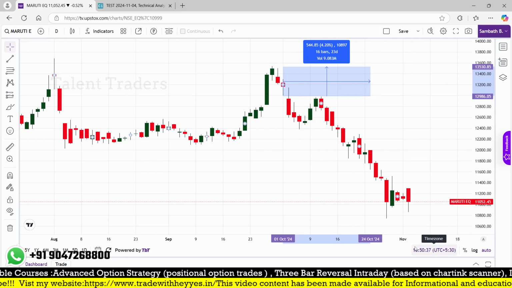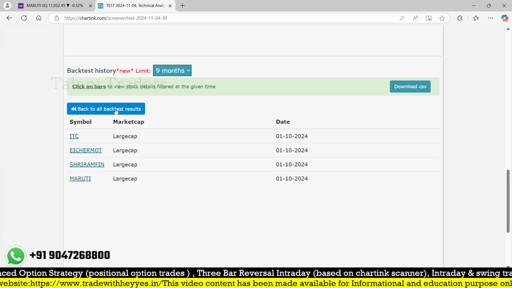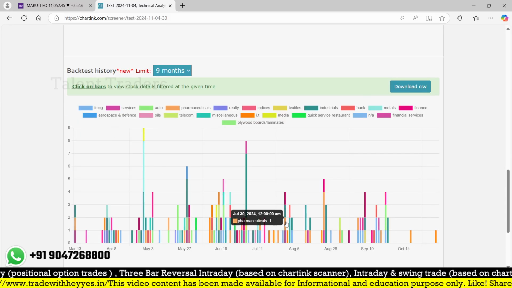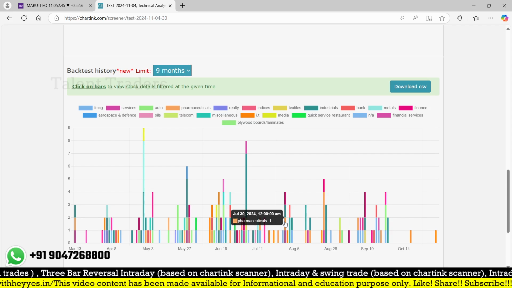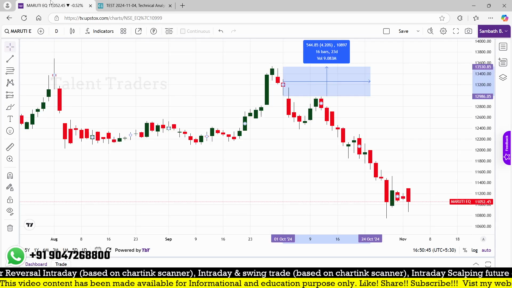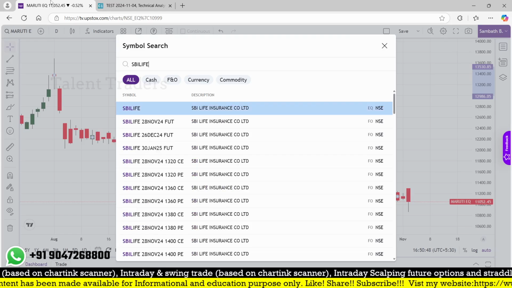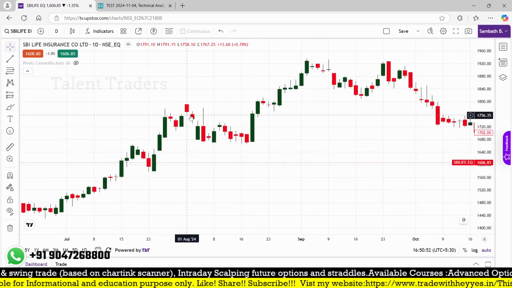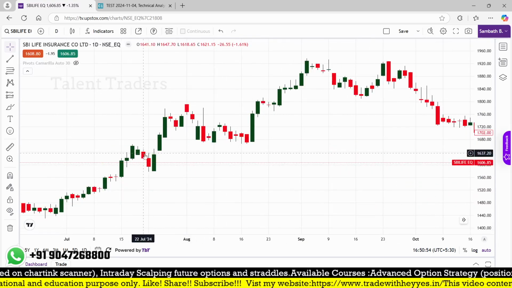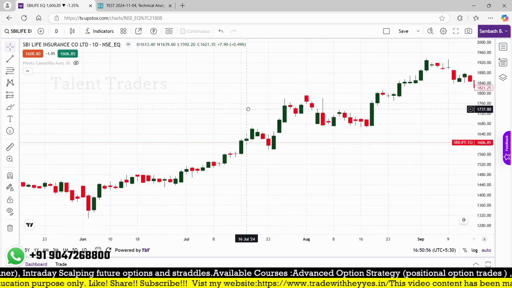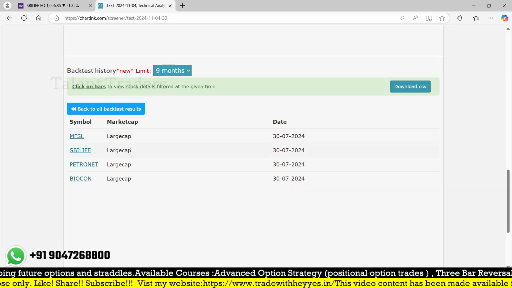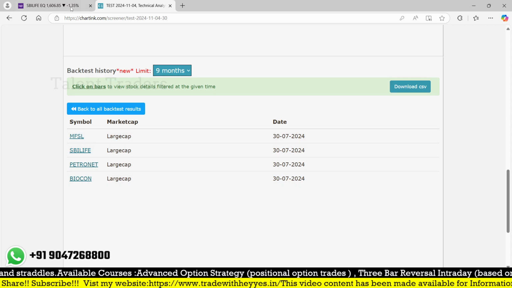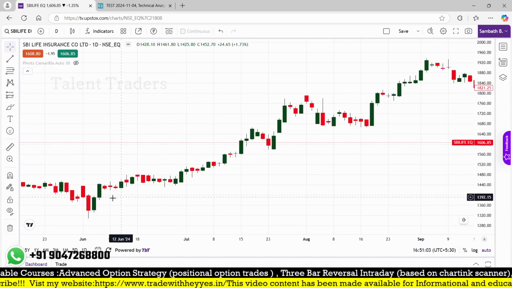But right now the market is in correction, but previously, before the correction also, we had stocks and that was working well. And this is about June, July, SBI Life, maybe that will work for SBI Life, 30th July.